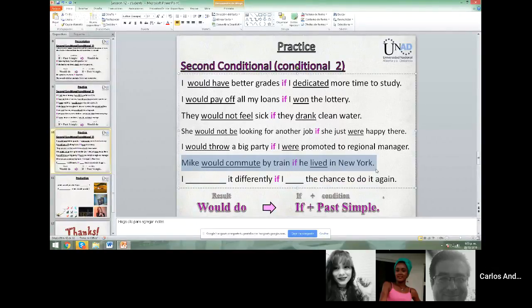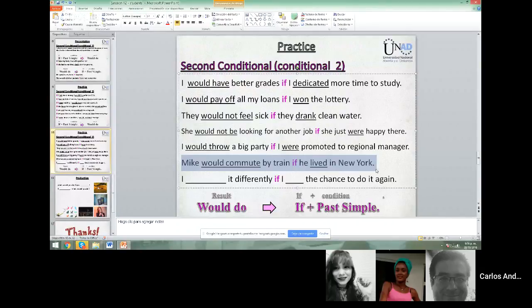That is commute. Cuando tú haces la misma travesía todos los días. Es como viajar de forma corta todos los días.